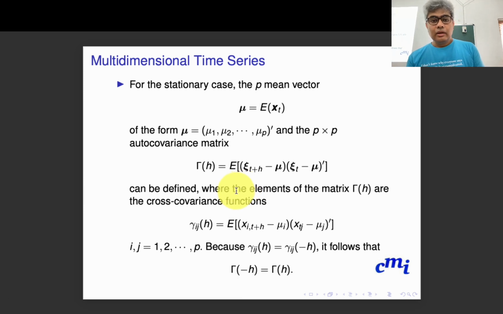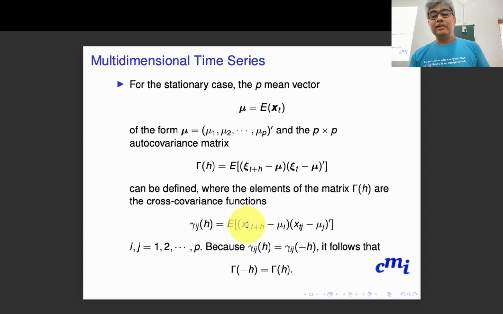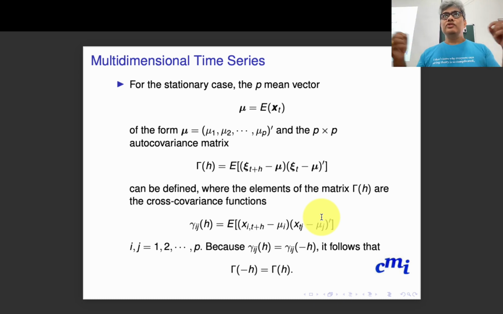This matrix gamma of h is the cross covariance function, and gamma ij of h you can define as the covariance between the ith time series and the jth time series. You don't have now a single autocovariance, since you have p series, each with their corresponding autocovariance.